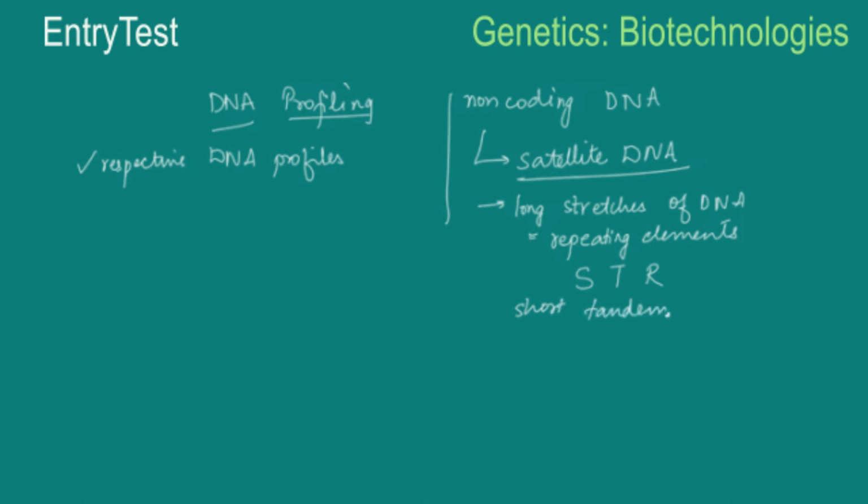So these repeating elements are known as short tandem repeats. And these repeating elements form long stretches of DNA that are present inside the satellite DNA. Now these repeating sequences can be cut to form fragments.